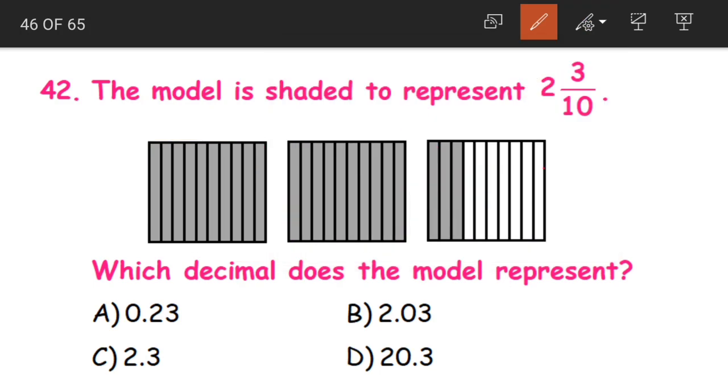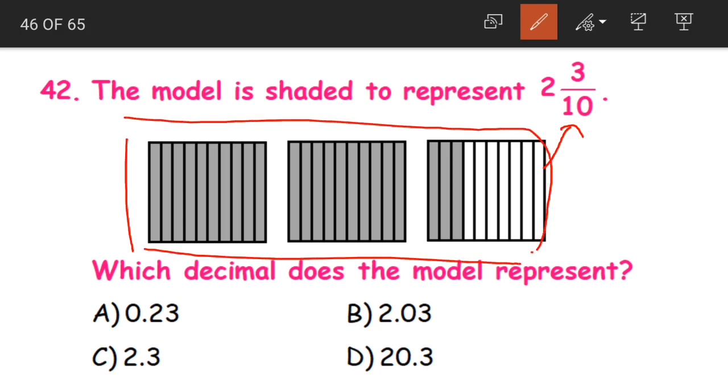So the third model represents our 3 by 10. Combined, these three models together we can represent using the fraction 2 3 by 10. Now which decimal does the model represent? What do we have? 2 3 by 10.